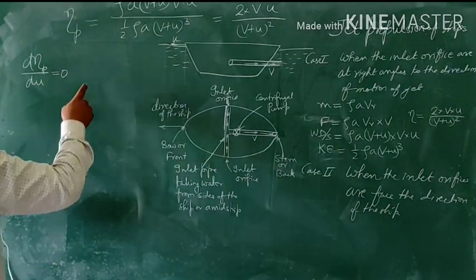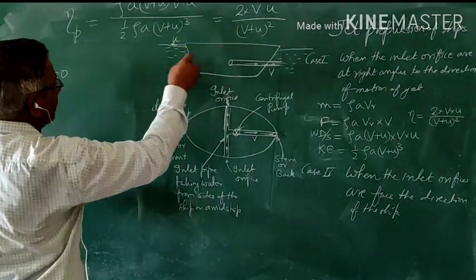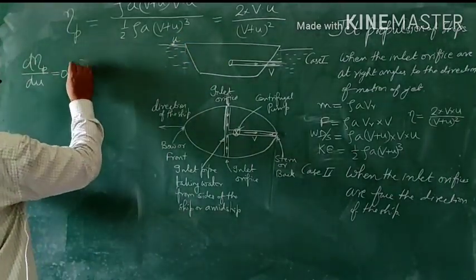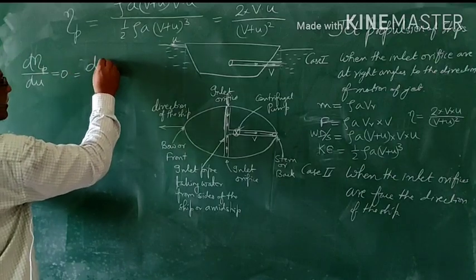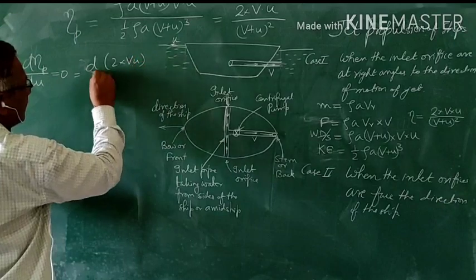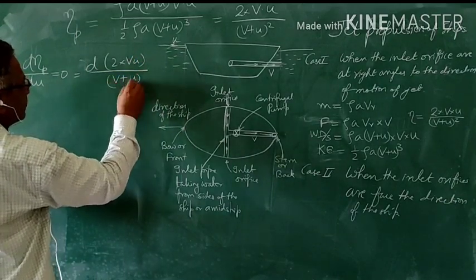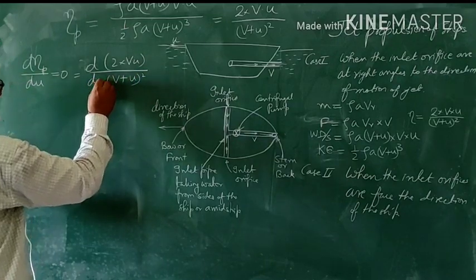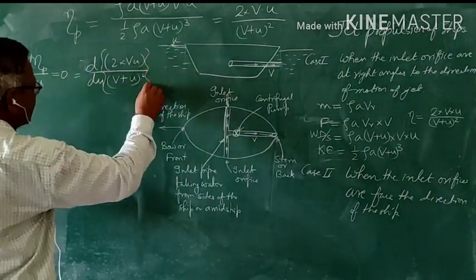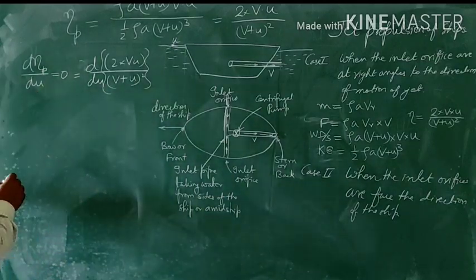So if we differentiate 2VU upon V plus U whole square, d by dU, we will get this and equate it with 0.